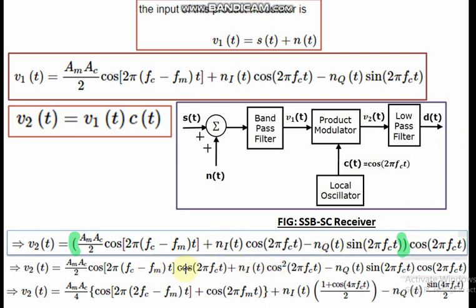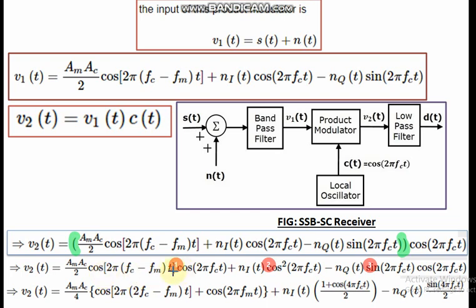Here students, this is the first term in the formula which is having cos 2 pi fc minus fm t multiplied with cos 2 pi fct. The second term NIT multiplied with cos square 2 pi fct, and third term sin 2 pi fct multiplied with cos 2 pi fct. Now what we have to do, we have to follow the trigonometric formulas.